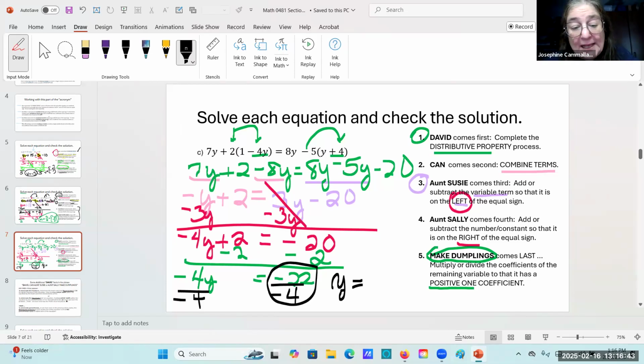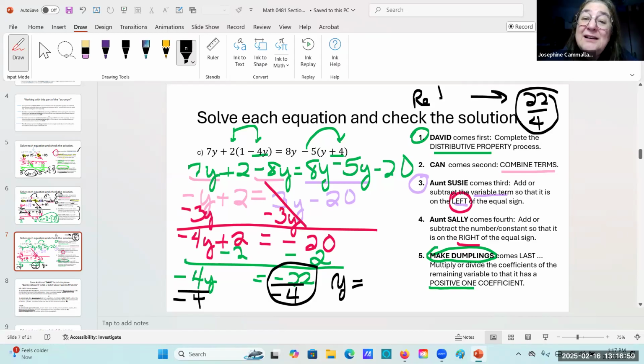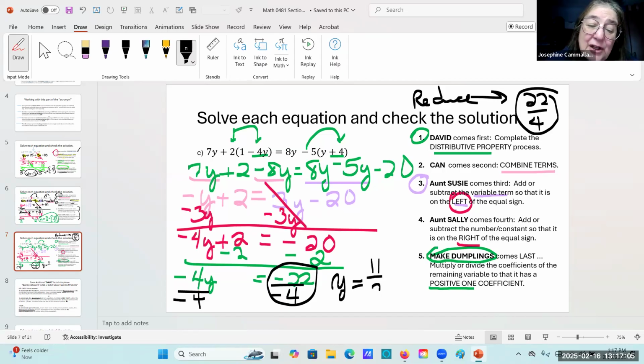Do I have to write the positive sign? No, but the fraction, 22 over 4, reduces. You have to reduce, which means if I divide by 2, it's 11 over 2. This is what my y value is.